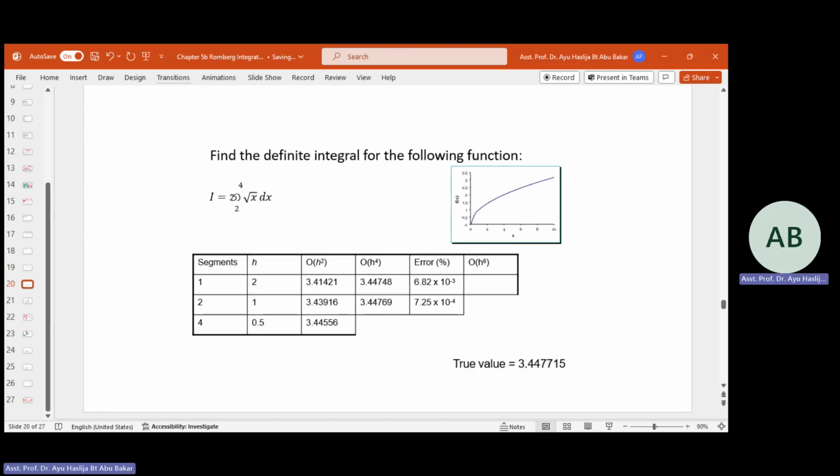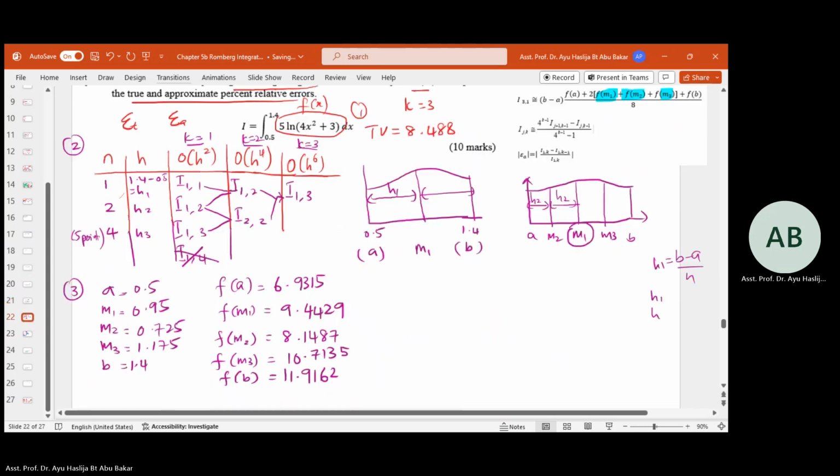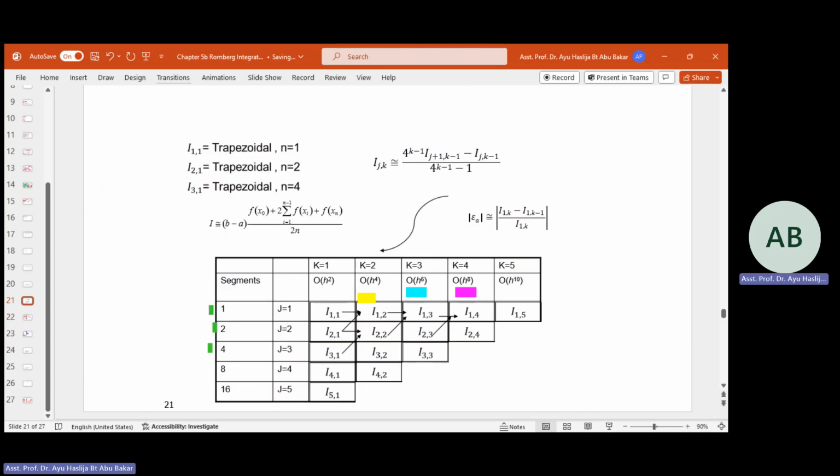This one we are done just now, up to level OH6. Okay, this is just to summarize. You see here it used up to level K5. So you will need a set of data if you want to proceed up to level 5.